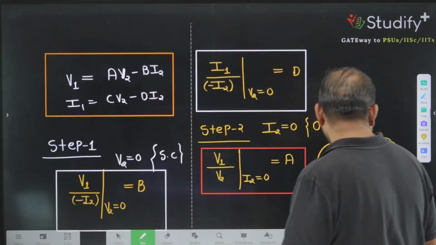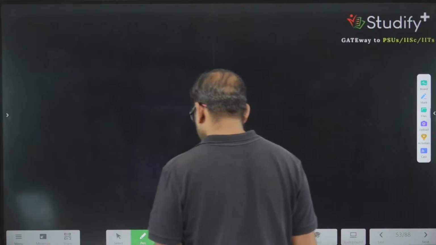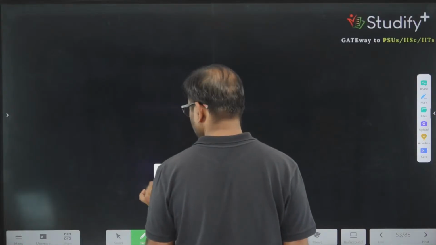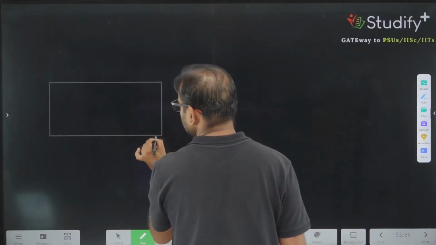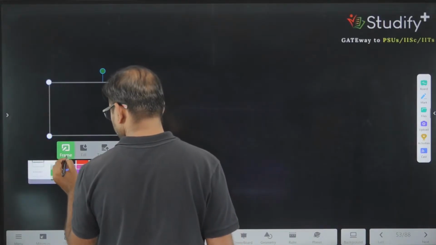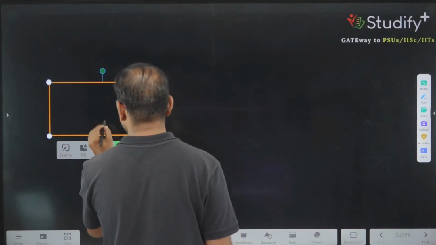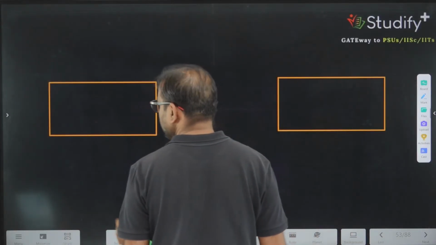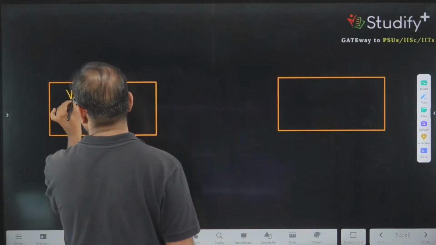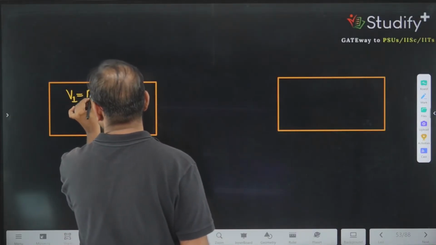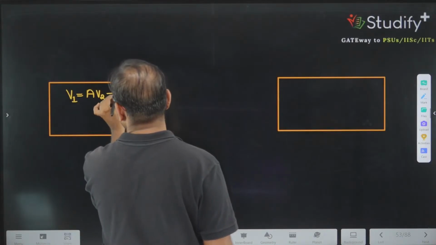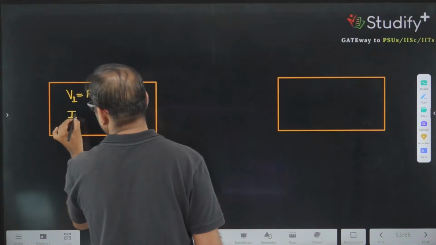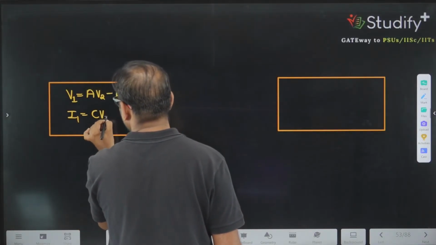So the first point is the relationship between the ABCD parameter and the Z parameter. For the ABCD parameter, we can write V1 is equivalent to AV2 minus BI2, and I1 is equivalent to CV2 minus DI2.